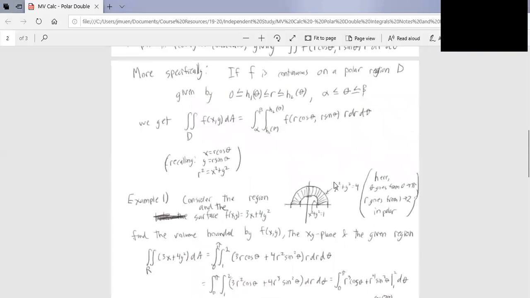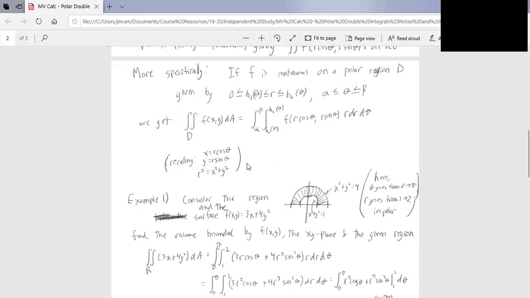More specifically, if we want a more rigorous idea of what's going on here, if f is continuous on a polar region D, given by 0 less than or equal to some function h1 of theta less than or equal to r less than or equal to some function h2 of theta, and theta is between some angles alpha and beta, then our original double integral, f of xy dA, is just going to be the integral from alpha to beta with respect to theta, of the integral from h1 of theta to h2 of theta with respect to r, and the integrand itself is f of r cosine theta, r sine theta, times r dr d theta.